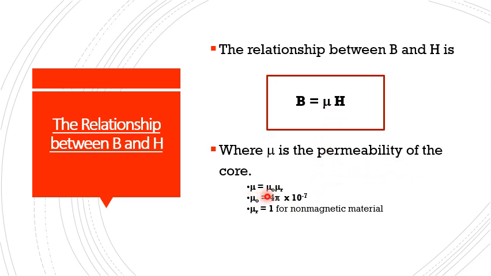Mu equal to mu naught times mu r. Mu naught is the constant value, 4 pi times 10 power of negative 7. And mu r depends on the core type, and is different for different types of core.